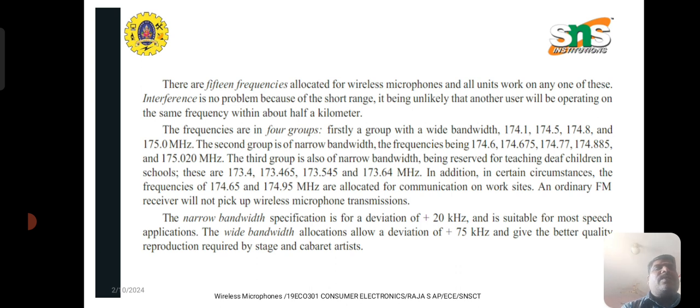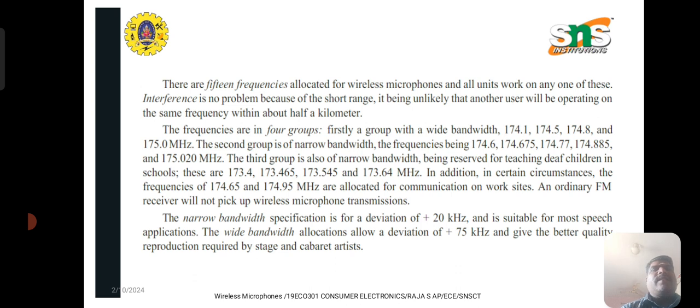The third group, which uses narrow bandwidth and is reserved for teaching deaf children in schools, is 173.4, 173.465, 173.545 and 173.64 MHz. In addition, the frequencies 174.675 and 174.95 MHz are allocated for communication in worst cases.